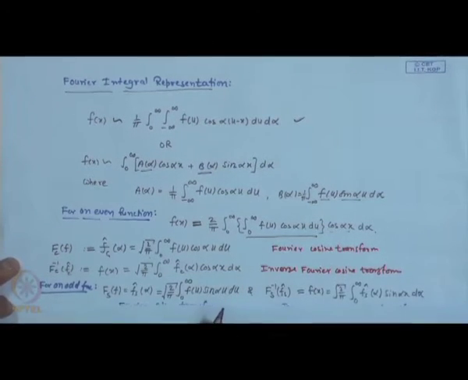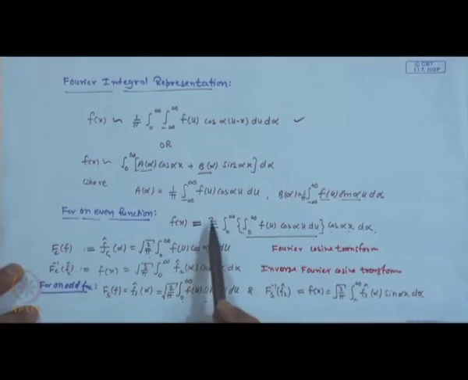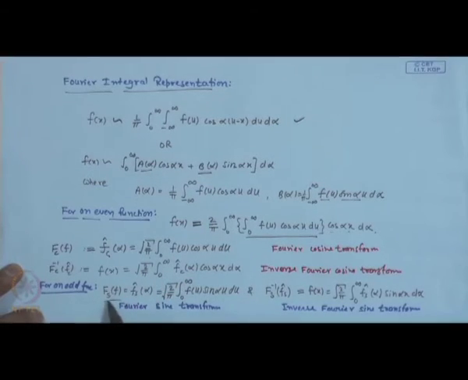Similarly, for the odd function, if we take f to be an odd function, then we have the Fourier sine transform of f(x). This is the notation for the Fourier sine transform, and we denote this integral by f hat s(alpha).